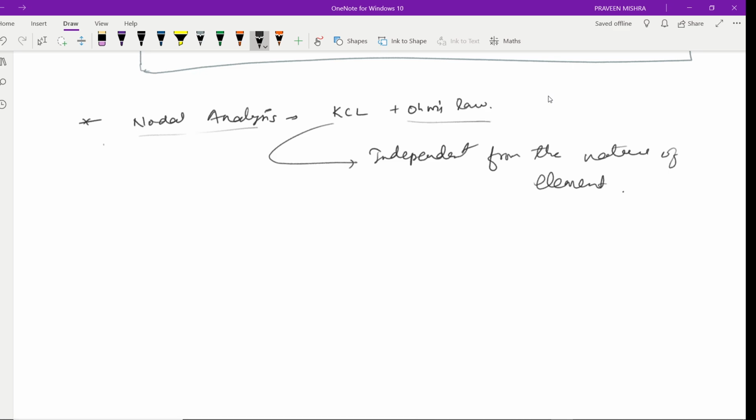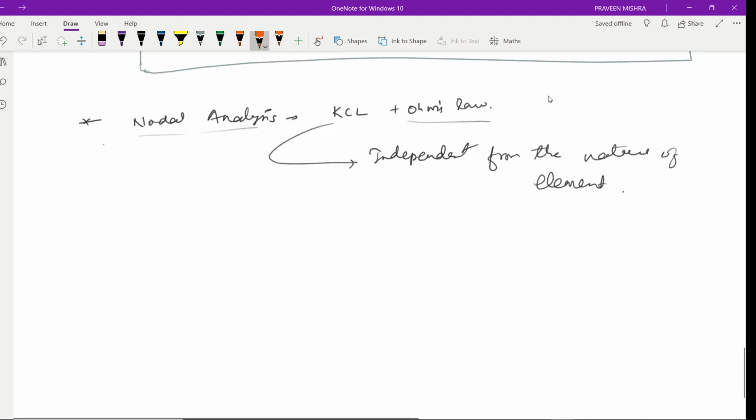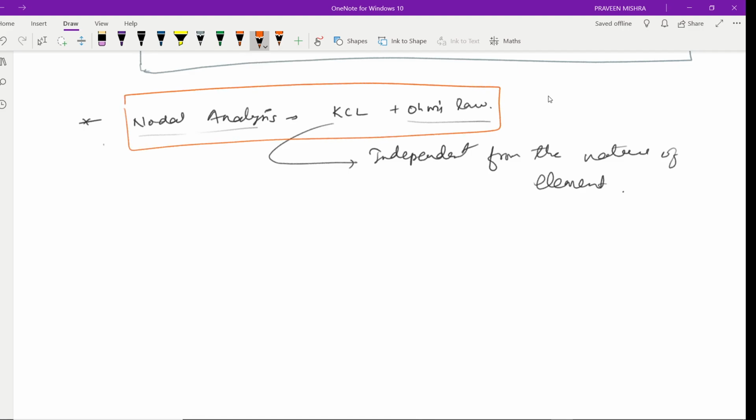So in general, we have to follow these things. What is nodal analysis? The application of KCL and Ohm's law, we have to find out the currents in the network.